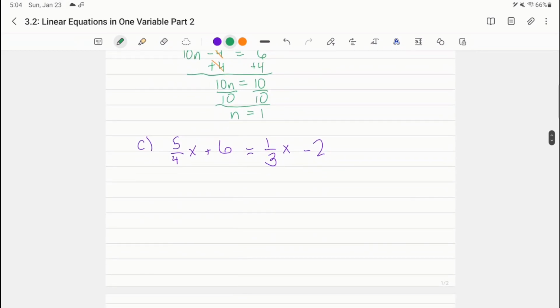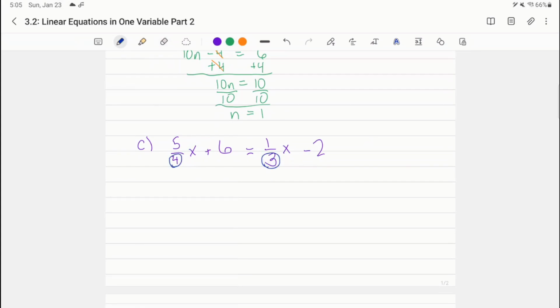Now for C, we have some fractions here. Now you can get the variable terms on one side, the constant terms on the other side. But my recommendation when dealing with fractions is to first find the LCD. So here, I'm looking for the LCD between 4 and 3.